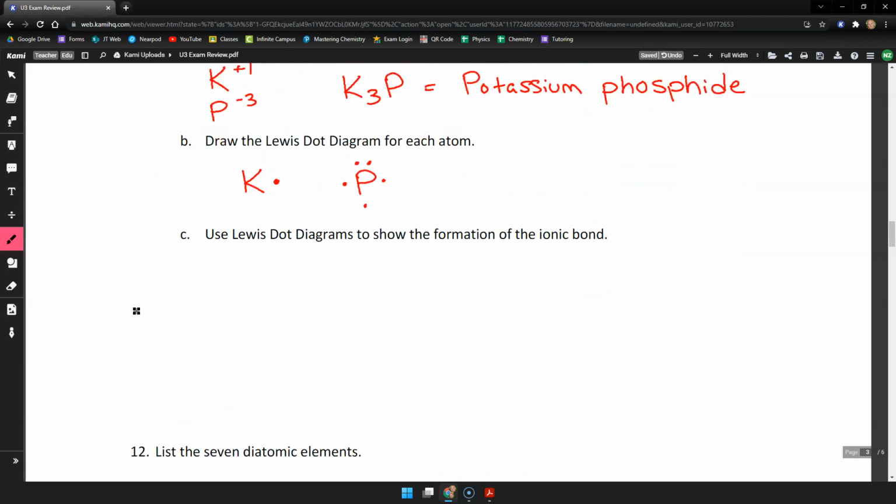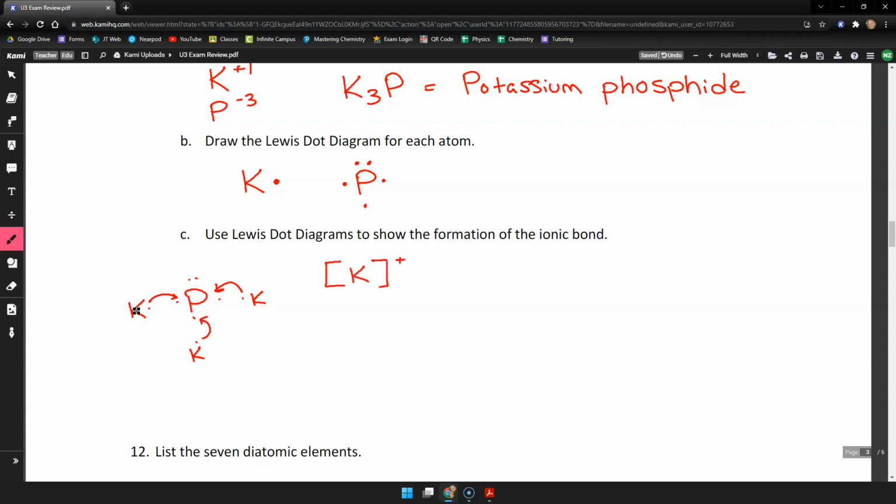Use Lewis dot diagrams to show the formation of the ionic bond. Okay, so we have phosphorus. We have potassium. Potassium will transfer to phosphorus. Phosphorus still needs 2 more, so let's throw in 2 more potassiums. Looks like that. So we'll have 3 potassiums.